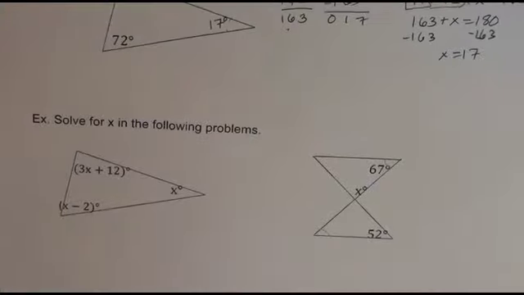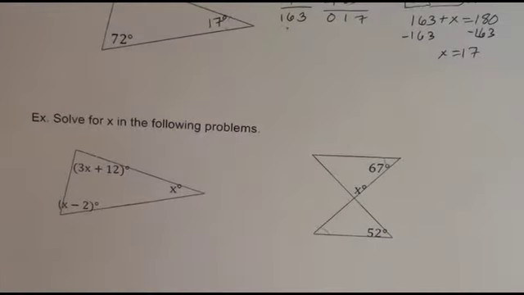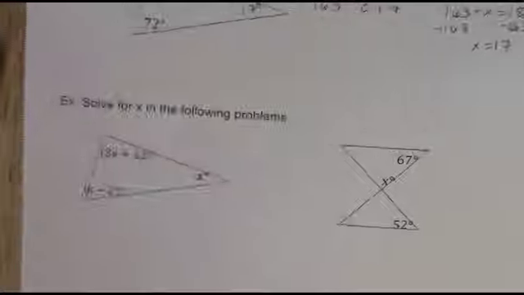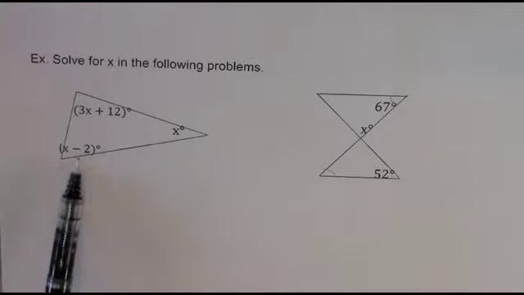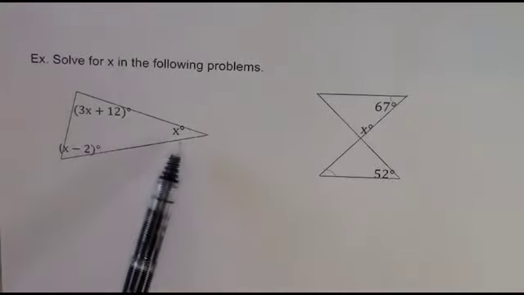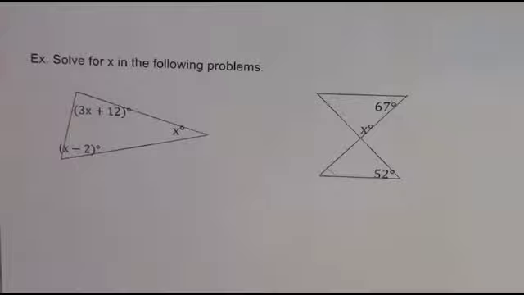So the next example, solve for x in the following problems. Here we have a triangle with three angle measures, x minus 2 degrees, 3x plus 12 degrees, and x degrees. Well, in order to solve this problem, we need to set up an equation similar to what we did before.